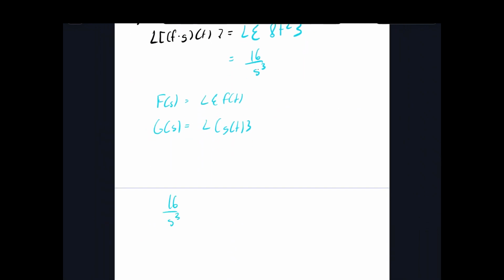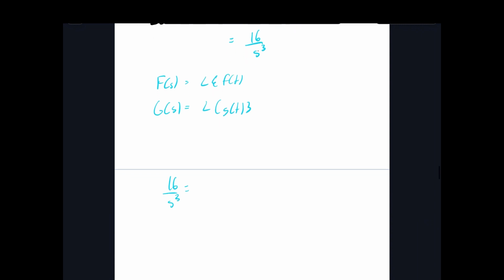I will get, my good ladies and gentlemen, 16 over s cubed equals f at s, which is 6 over s squared plus 36, times L of g of t.